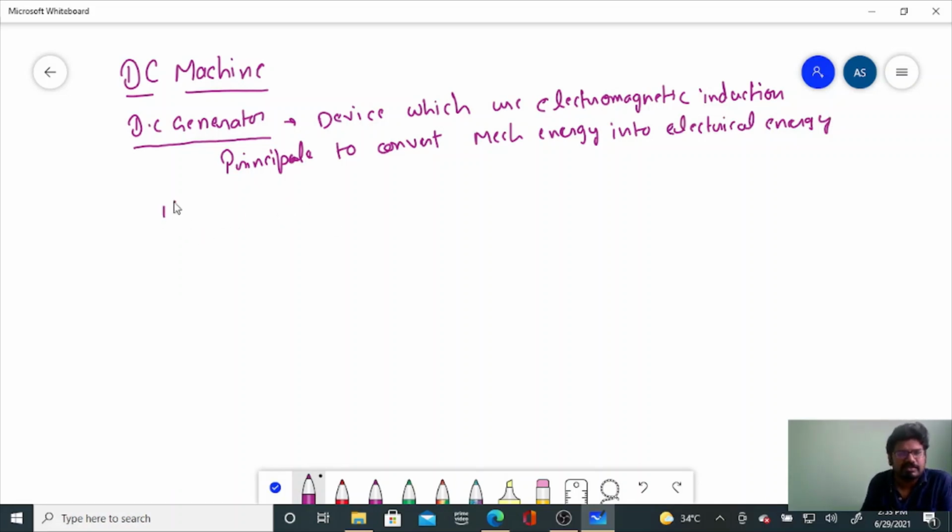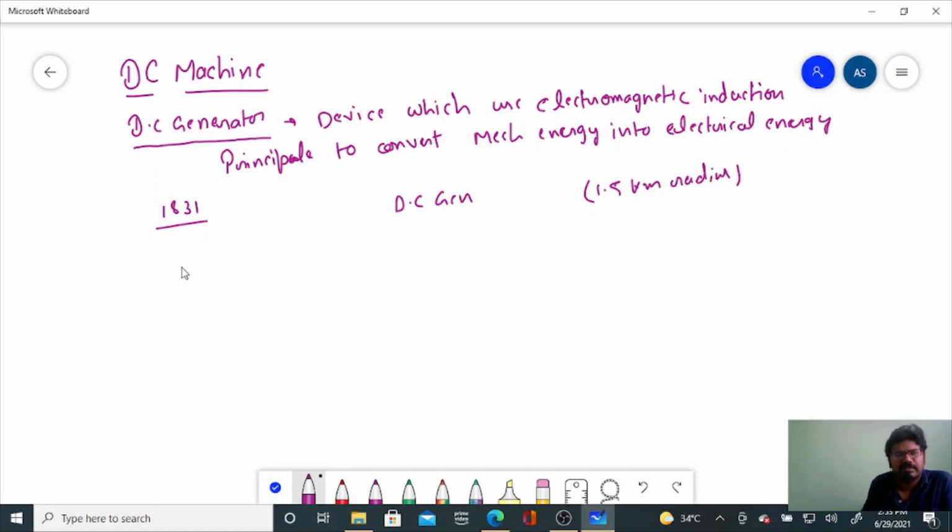So in 1831, Faraday was doing an experiment on electromagnetism, and he proposed two laws: Faraday's first law and second law. And in 1831 only, he developed a DC generator which was around 1.5 kilometer of radius, very big.